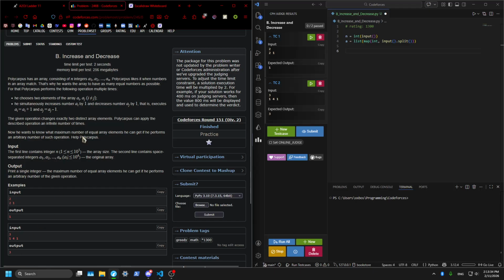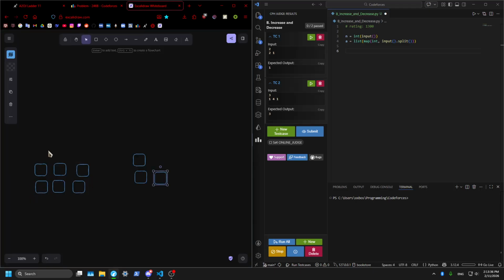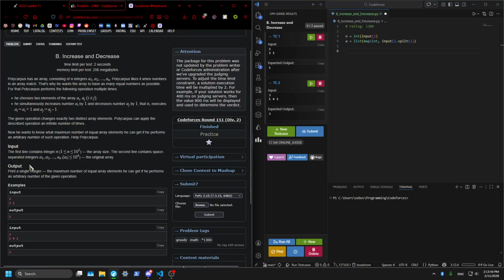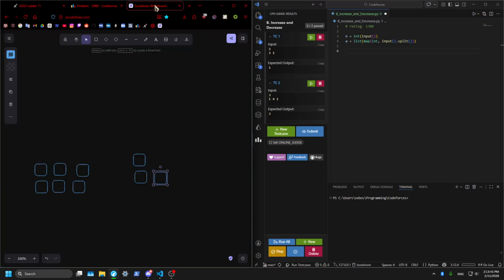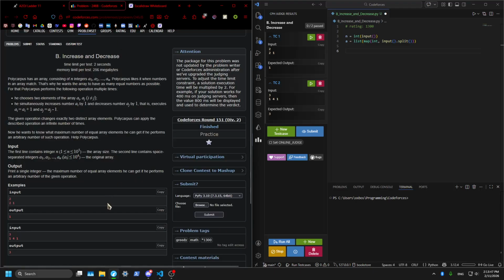But that's not it. Oh, 2 is the height of every element. What are we outputting? The maximum number of equal elements in the array. So 2 is the average height of every element.